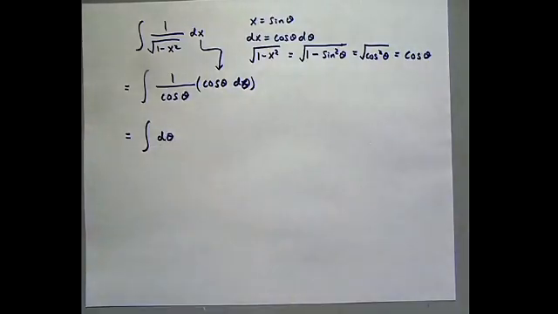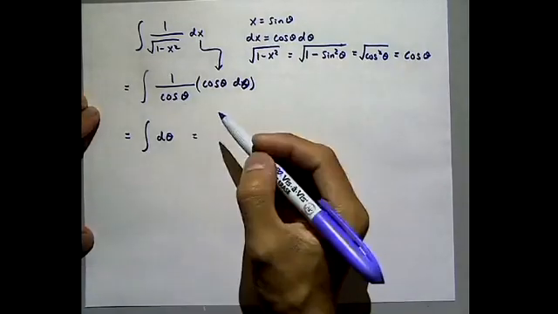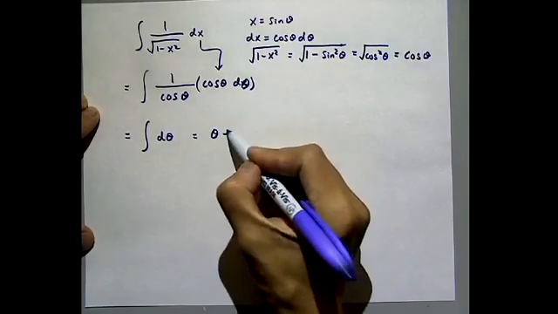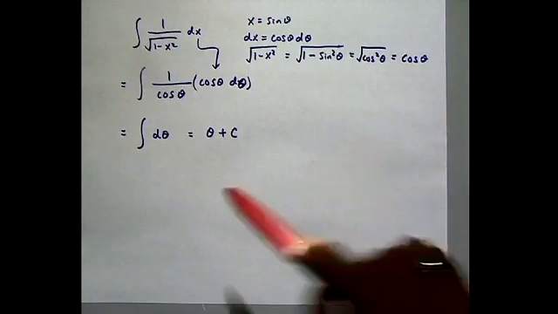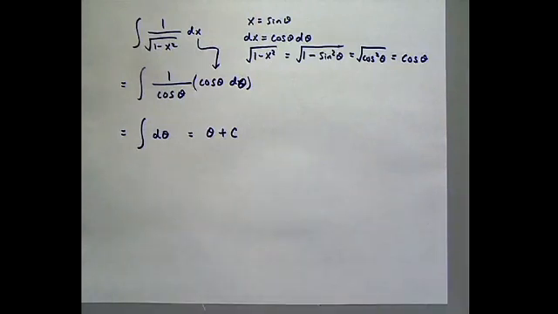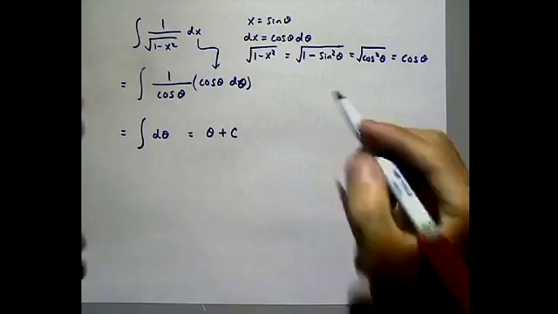And what's the integral of d theta? Theta plus c. Good, wonderful. And so you see, we turned this integral that we couldn't handle into something ridiculously simple, which we can integrate right away. Very important, don't stop right here.